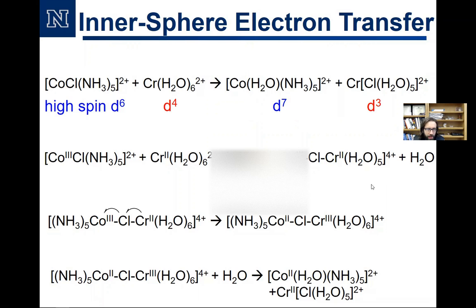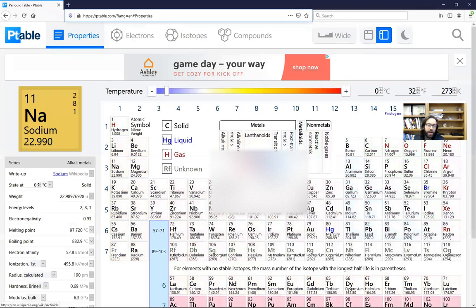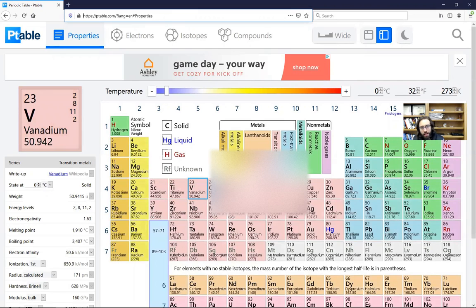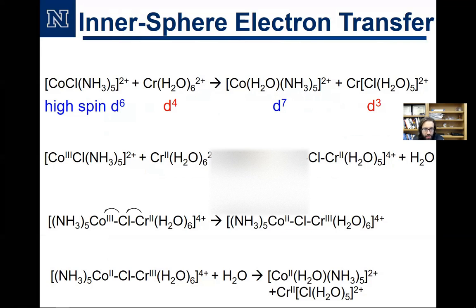So if we do this, remember that this was a cobalt 3+. Cobalt 3+ is going to have how many d electrons? Well, neutral cobalt has 9 valence electrons, so cobalt 3+ is going to have 3 less than that, so it's going to have 6 valence electrons. This is high spin. You can look at the spectrochemical series, and this is a borderline case, but you can measure this and figure out that it's high spin.